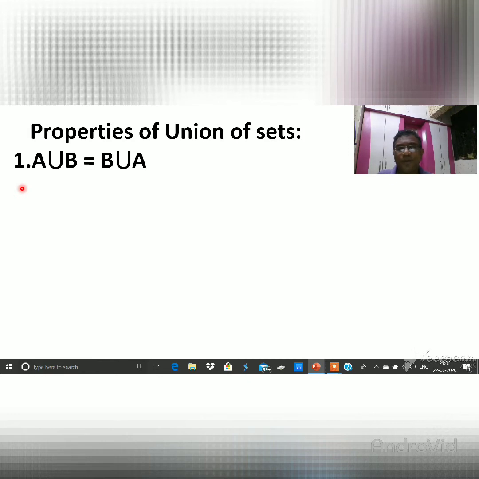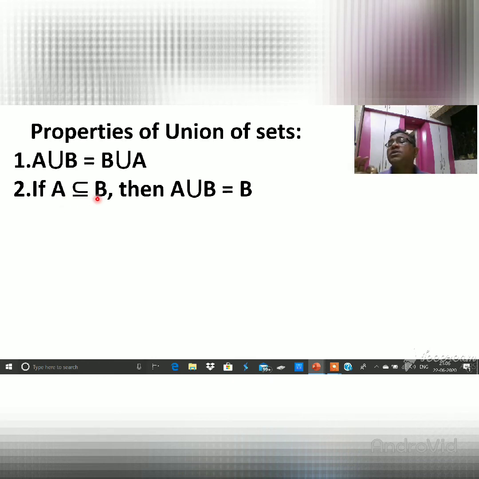Then another property. Suppose A is a subset of B. It means whatever the elements of A are, they are present in B. You understand subset: subset means all elements are present in another set, then it is called a subset. So A is a subset of B. Then what do you get for A union B? You get B. Why do you get B?